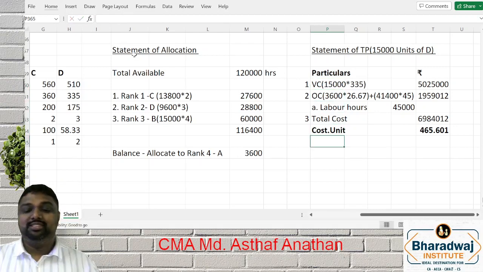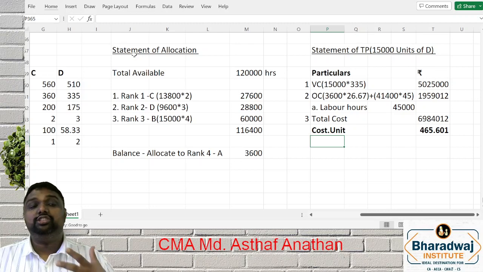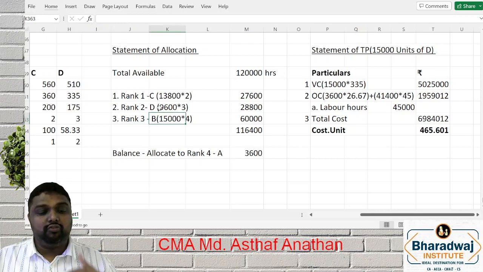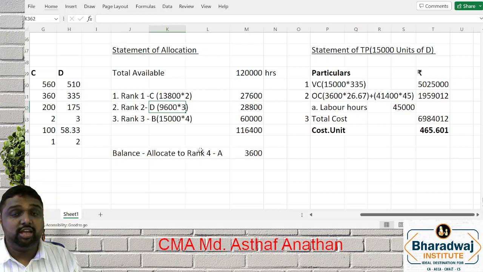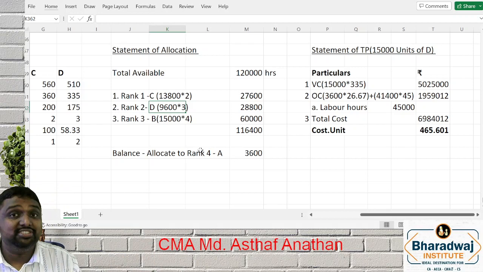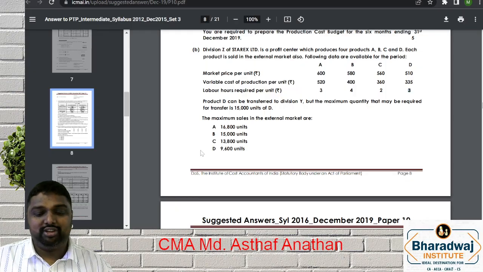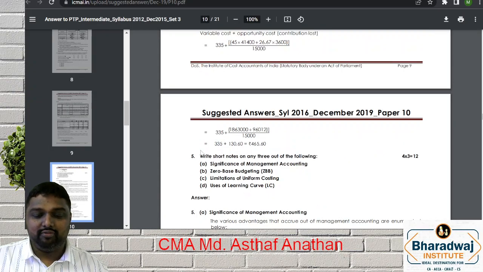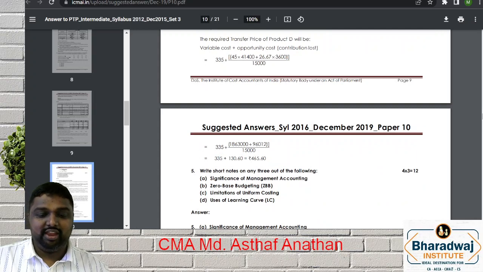So this is how it works. Suppose A does not have the excess, we go for B. If B does not have that, you will go for the next. Suppose you have excess, as we have discussed in the class: if you have excess, there is no opportunity cost. So you will get an answer of none other than 465.60.